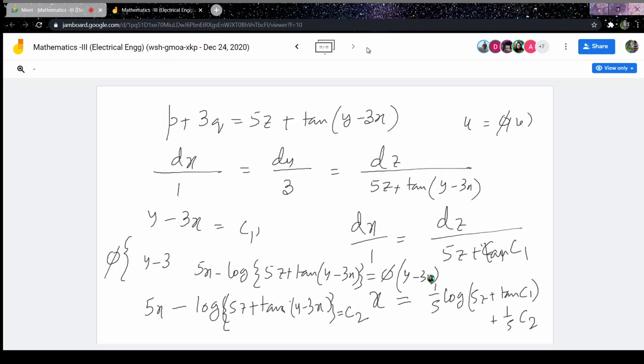This is another form of writing your solution of the PDE, where you get the second one from the first one. Suppose your u is here, your v is here, so your v is phi u.